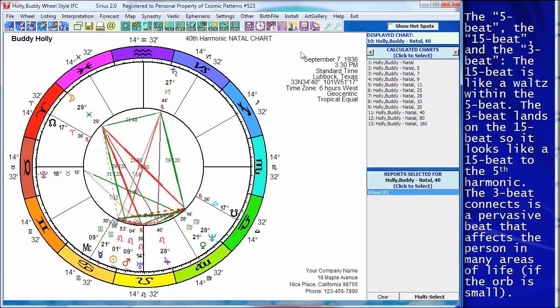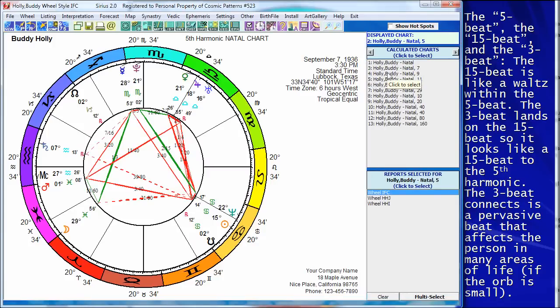So here's why you want to know about this. Here's a simple conclusion. If I'm looking at the 5th harmonic chart, and I'm wondering, gee, how close is this orb? I can just multiply by 8, for example, because it's an 8th harmonic aspect. I can go up to the 40th harmonic, and it will turn into a conjunction.